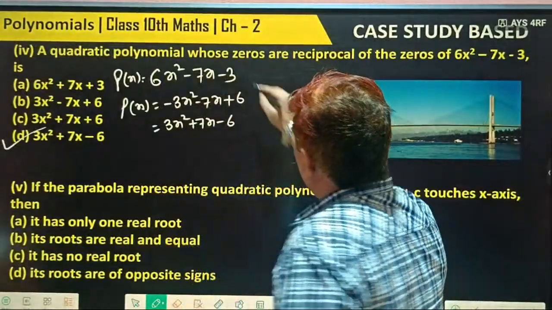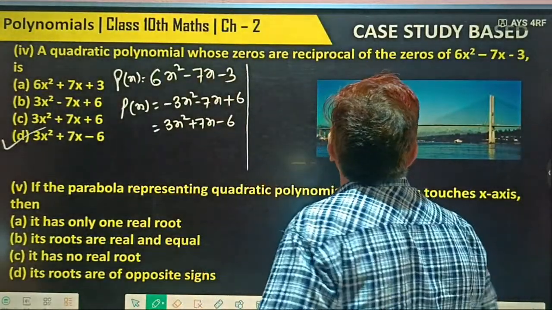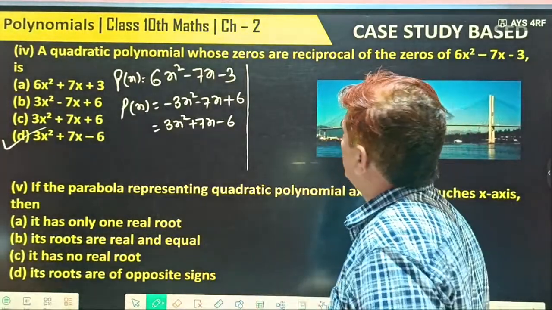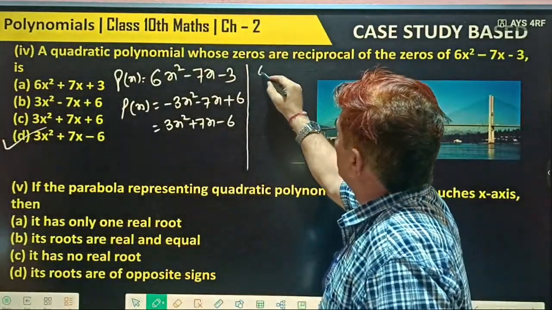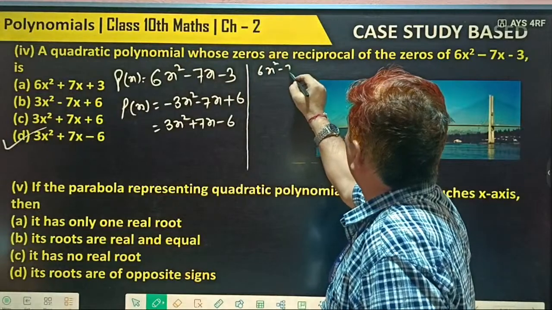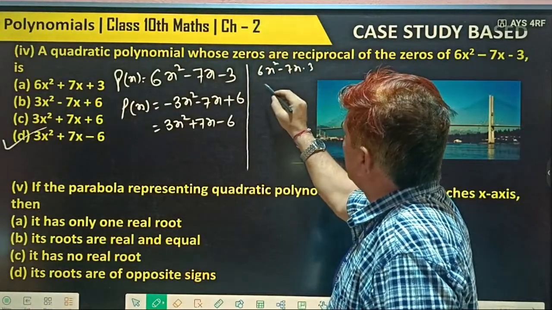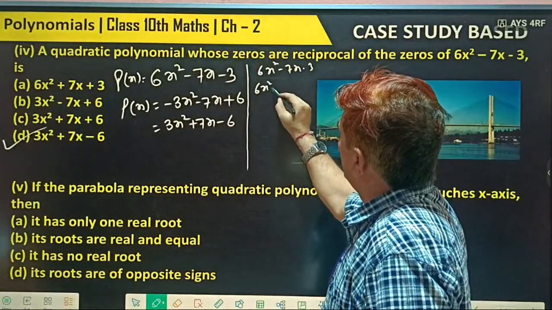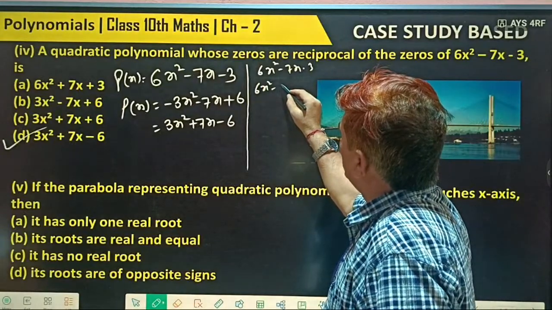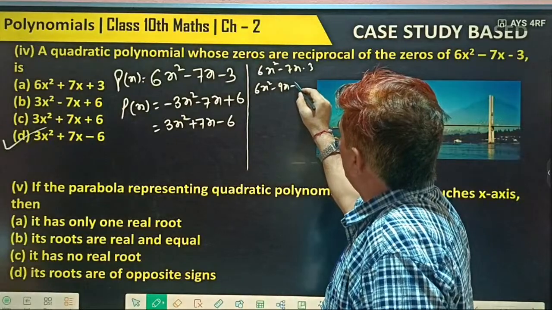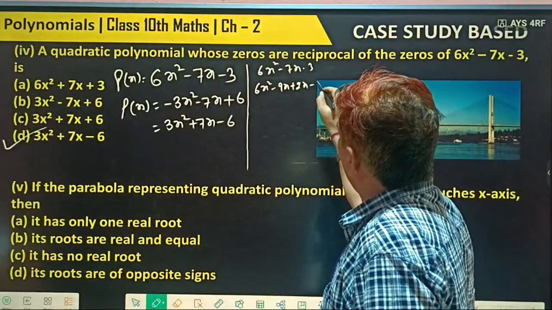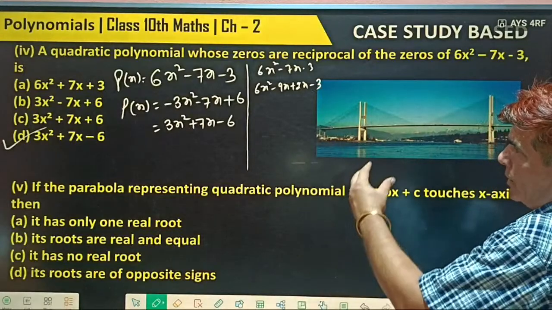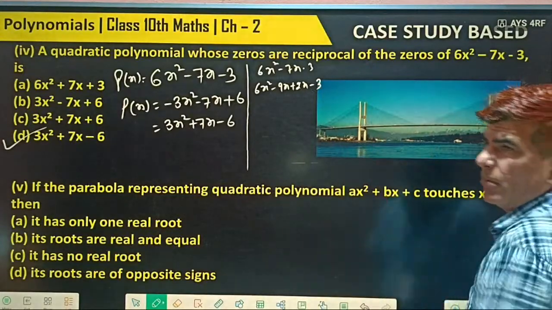Otherwise, the method is this: find out its zeros. So what are its zeros? 6x square minus 7x minus 3. So 6x square minus 9x plus 2x minus 3, splitting the middle term. Step number 1 is also right, step number 2 is also right.